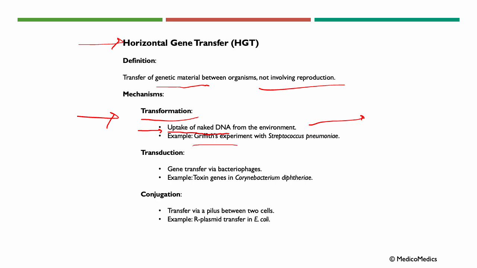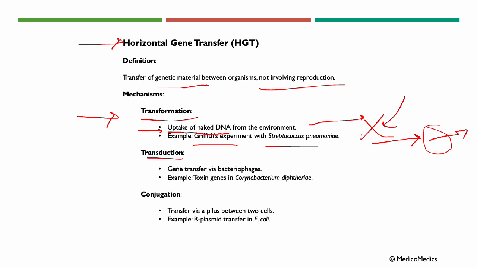In the Griffith experiment, for example, with Streptococcus pneumoniae, the experiment demonstrated transformation where a non-virulent strain acquired capsule genes from a heat-killed virulent strain, making it then pathogenic. So something that was not virulent acquired a capsule gene from something dead, and then became pathogenic itself. So, transforming.